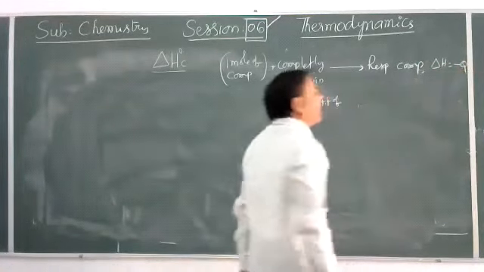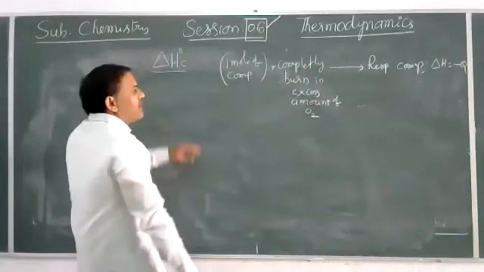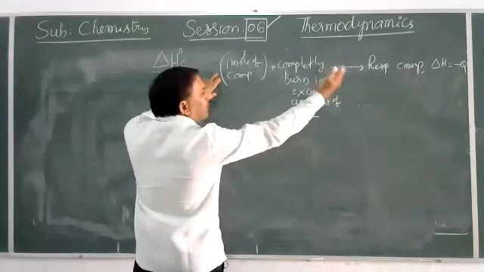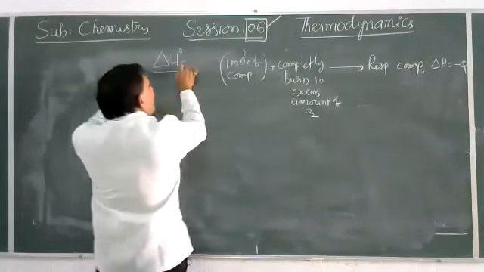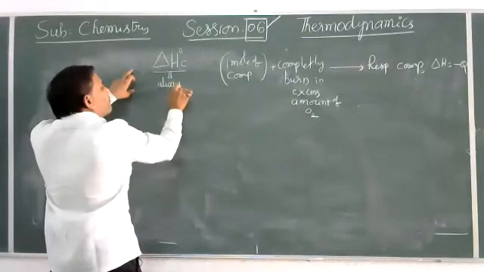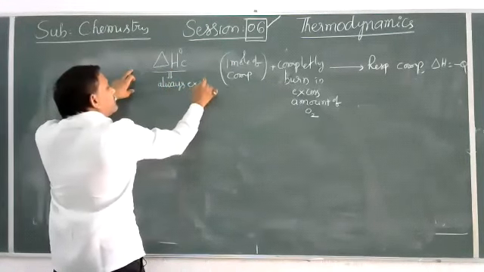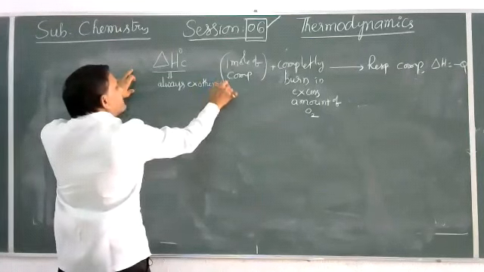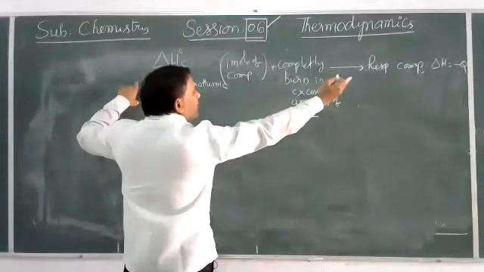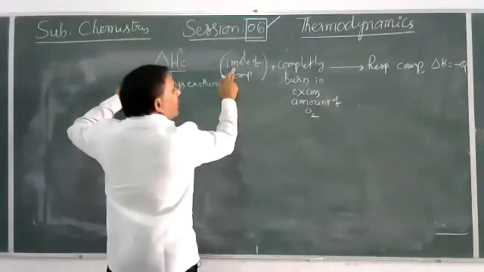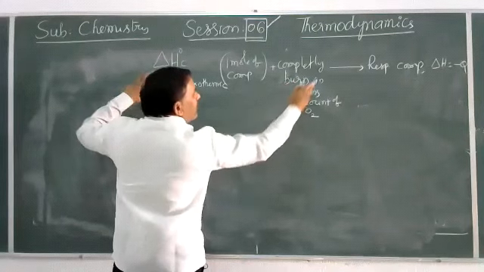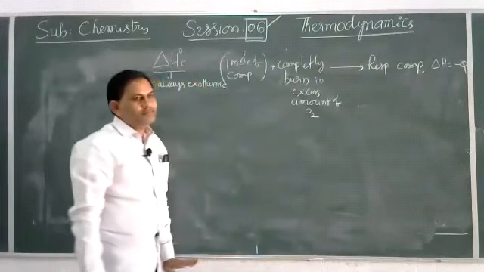That's why minus Q kilojoules. So the amount of heat is liberated. These enthalpy of combustion reactions are always exothermic. Its definition is the amount of heat liberated when one mole of a compound is completely burned in excess amount of oxygen to give the respective compounds.